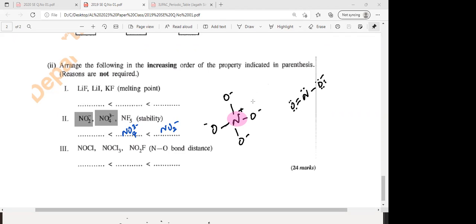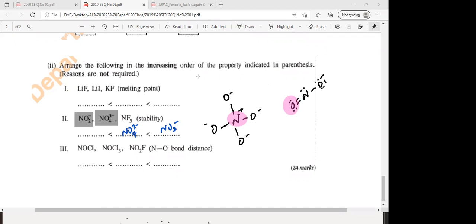And the other one, there's a dative bond also, and more formal charges here, plus there's a positive formal charge on the nitrogen atom, and this one has at least one oxygen with a double bond.